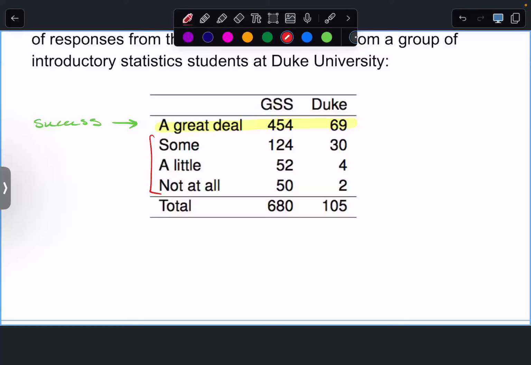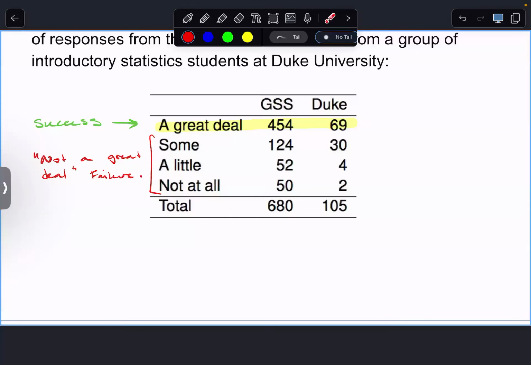These are all not a great deal. So we could just zip this up into not a great deal, which would be a failure in this case. Depends on how you define a success, but here I'm telling you this is what a success is. Okay.